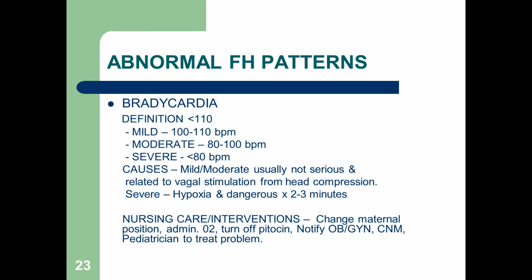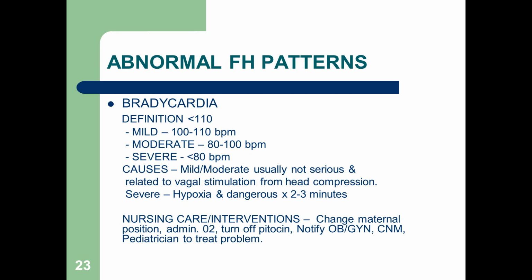So let's look at some abnormal fetal heart patterns. Bradycardia, and this is all on your slide here, so you don't have to write a whole bunch down, okay? Just listen. By definition, it's a heart rate less than 110. Mild bradycardia is 100 to 110, moderate is 80 to 100, and severe is less than 80.